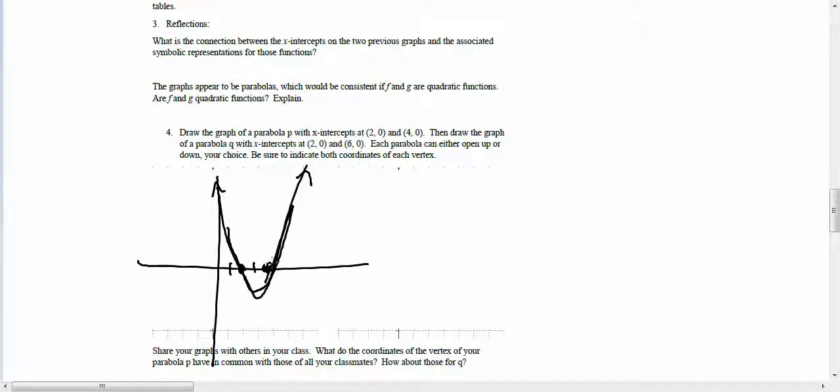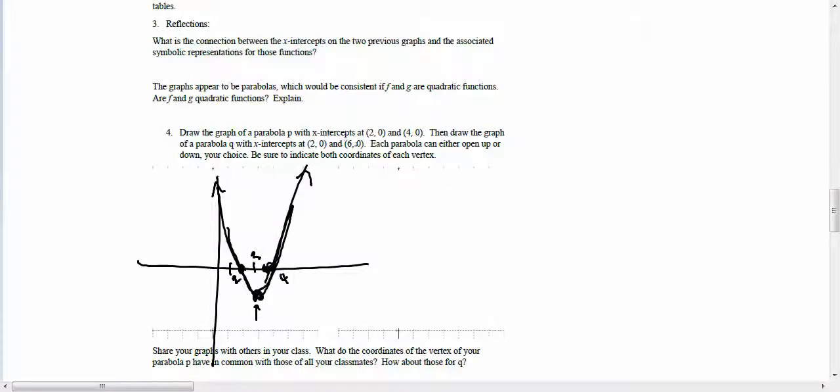Where's the vertex on this thing? Right here. So what is the x-coordinate of this thing right here? 3. Good. So these points are at 2 and 4, and the vertex is at 3.